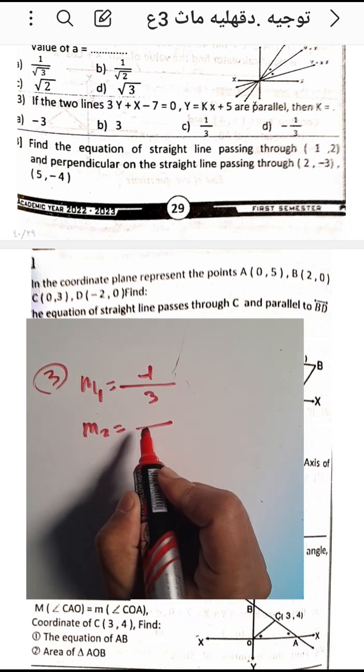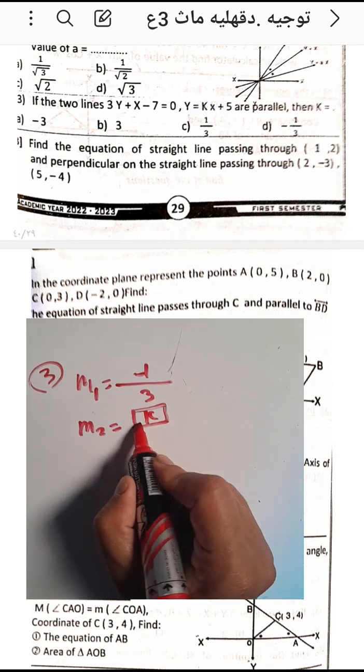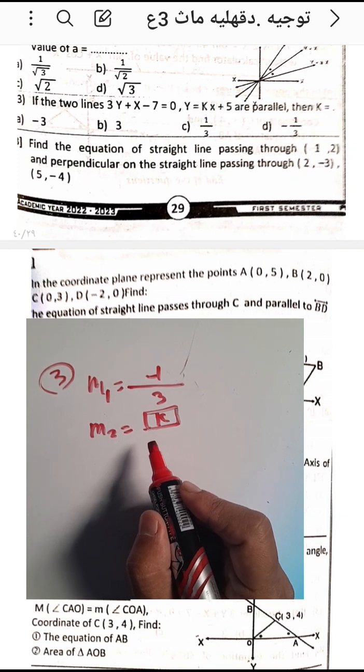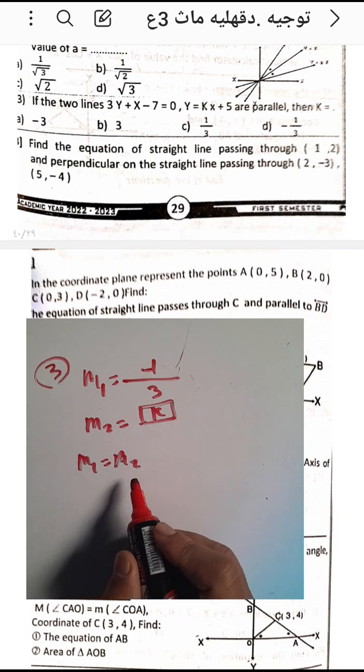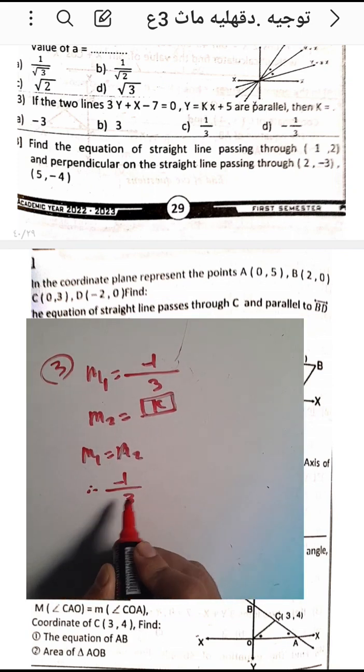And slope 2 is k, because it's in the simplest form, y equals kx plus 5. Then m1 will be equal to m2 because it tells us L1 is parallel to L2. Then negative 1 over 3 will be k. Then k here equals negative 1 over 3.